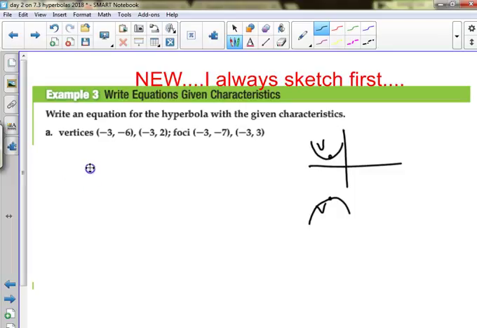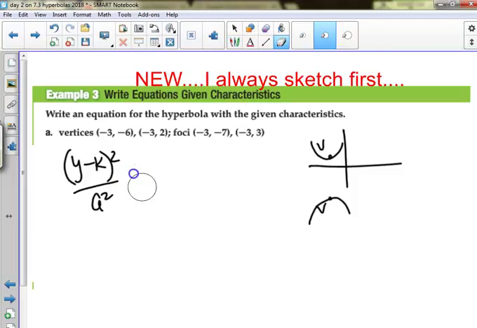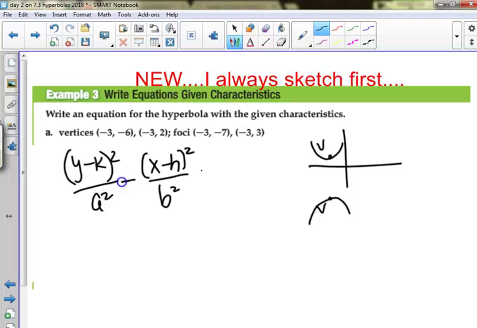What's the general form when it opens up and down? y minus k squared over a squared minus x minus h squared over b squared equals 1. Okay. Can anybody tell me conceptually what a is?